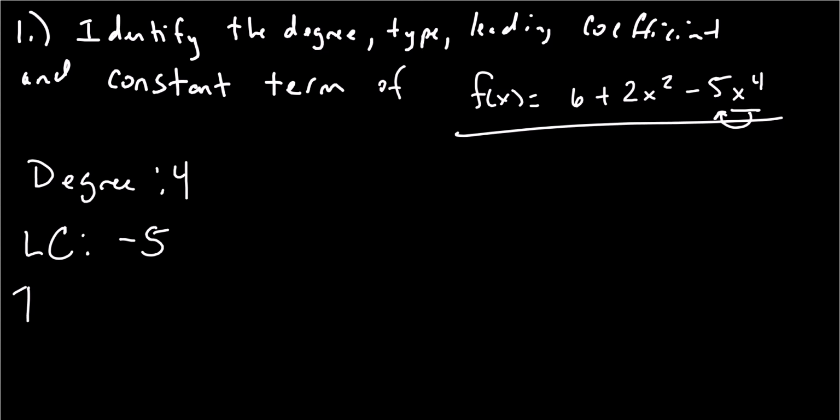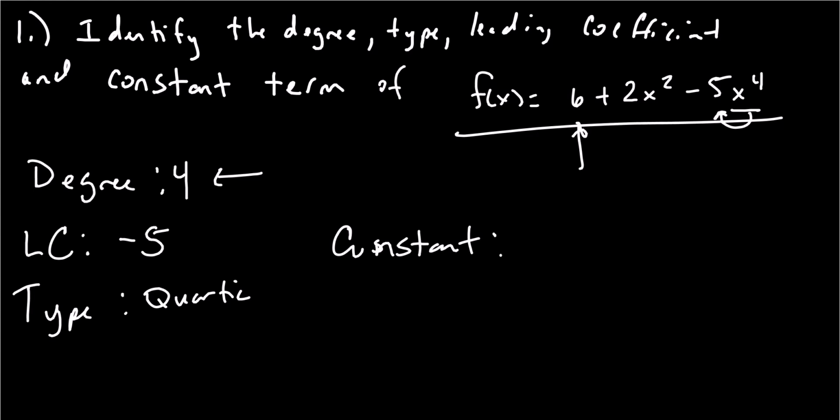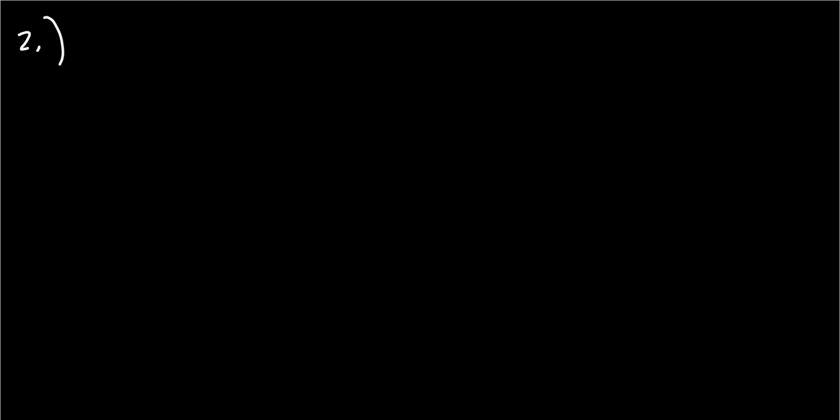Now the type is based on the degree. So this 4 tells me that it's going to be called a quartic, is what we were told in class, like 4 quarts in a gallon. Constant term, that's the number with no variable, so the constant is 6. And that's it.